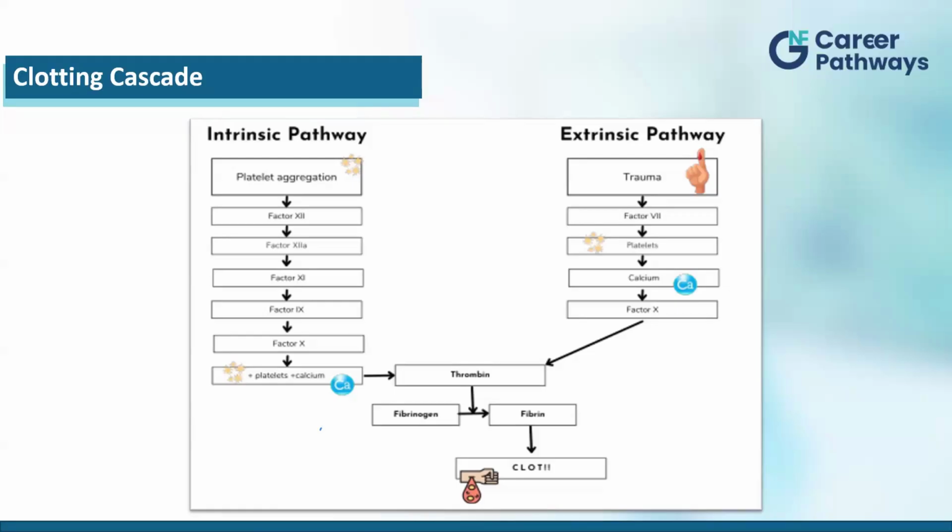In both the extrinsic and intrinsic pathways, the last factor is always factor 10, and it works in the presence of calcium. In the chart, they mention that platelets stimulate calcium, then factor 10, but actually this factor works in the presence of calcium and platelets.